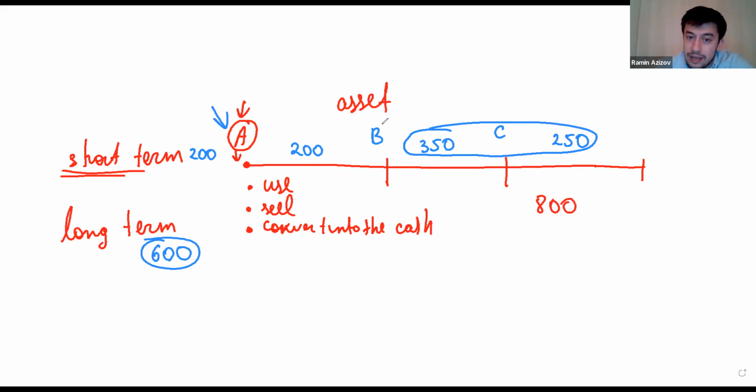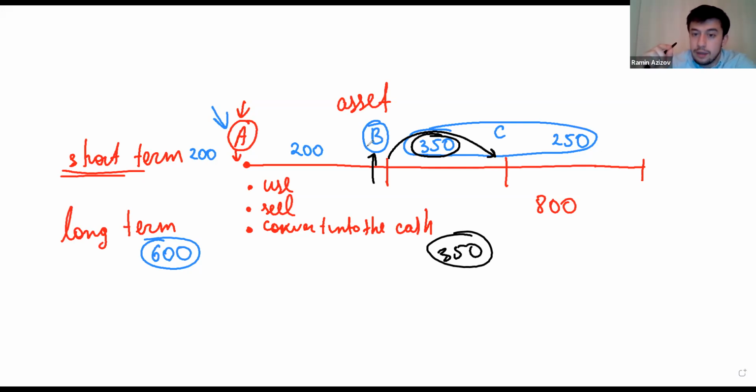Assume that 1 year passed and we have reached point B. The question is, what is your short and long-term asset? For point B, next year I expect to receive 350. That is my short-term asset for point B. If I prepare my financial statement at point B, my long-term asset is 250, my long-term receivable.